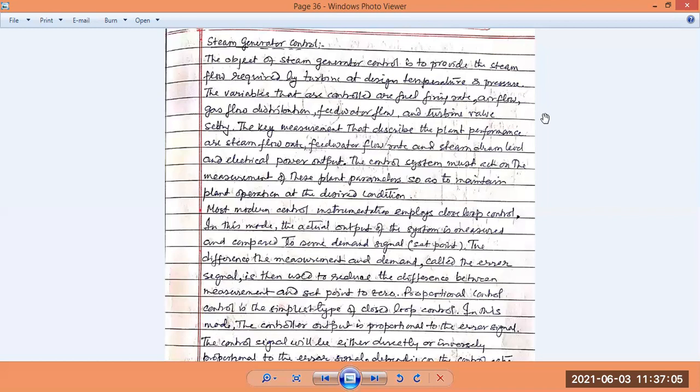So, what is the firing rate of a fuel? It is supposed to be given by the control system itself. How much fuel is being burned in a given time, you have to control accordingly. You have to maintain your burning temperature, and operate your controller accordingly.